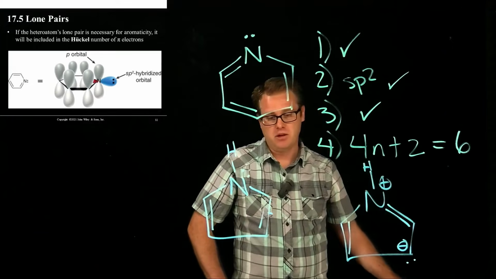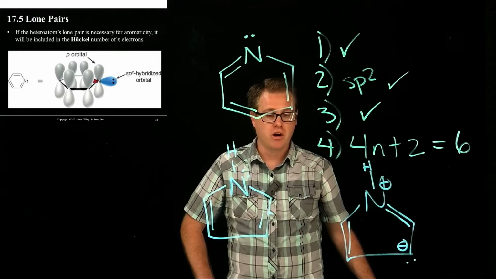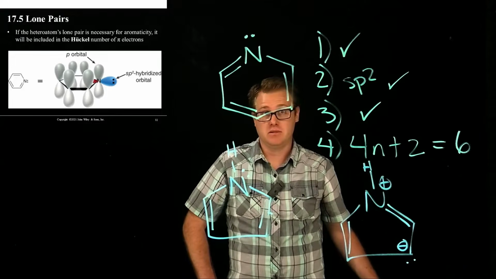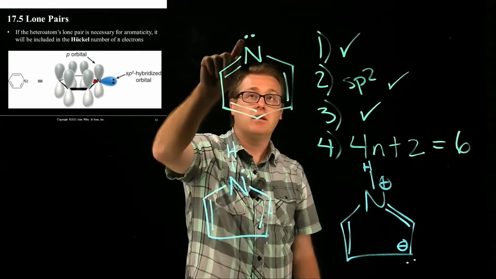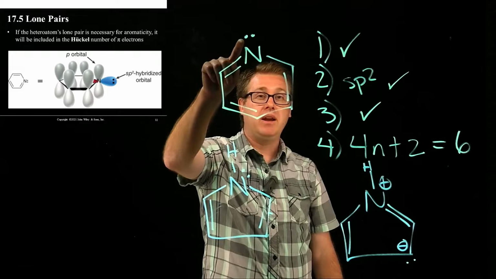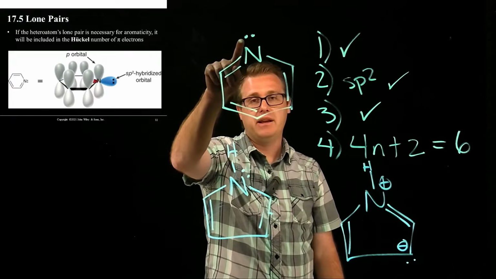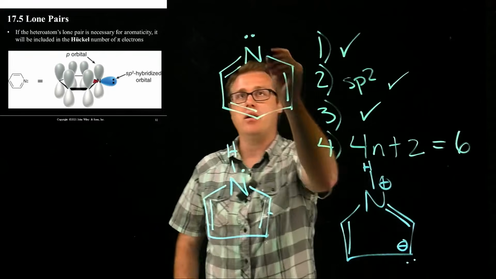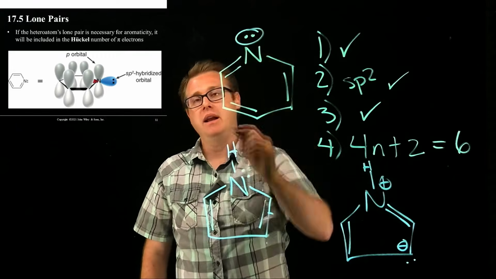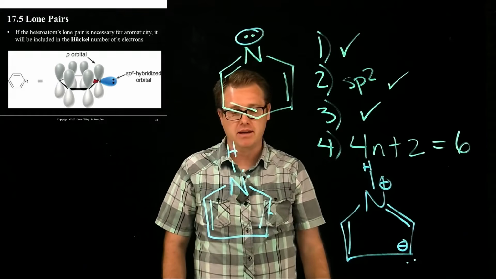Why do you count the lone pair versus not? Well, it just has to do with where the lone pairs are present. What type of orbital? Is this lone pair in a p orbital or an sp2 orbital? And you can see on my slide right there that the lone pair on pyridine is in an sp2 hybridized orbital.